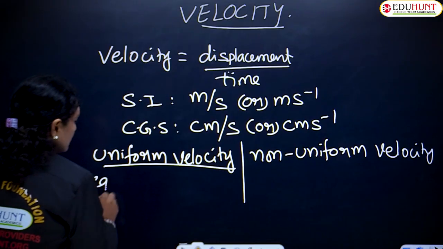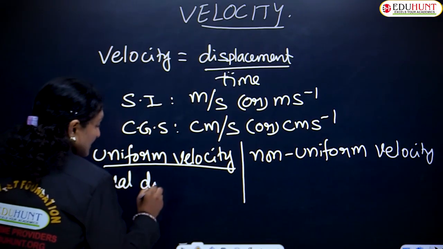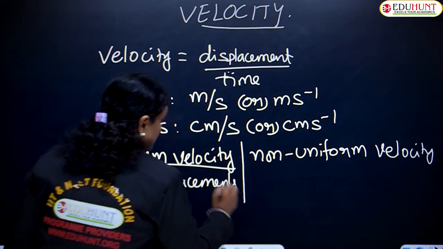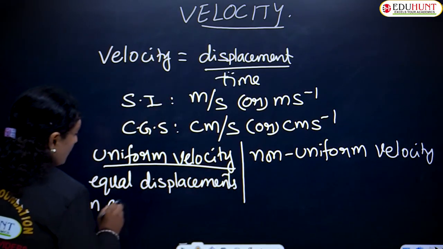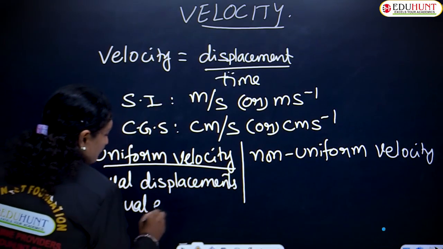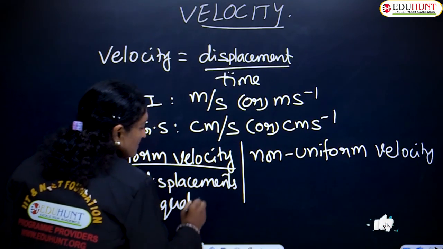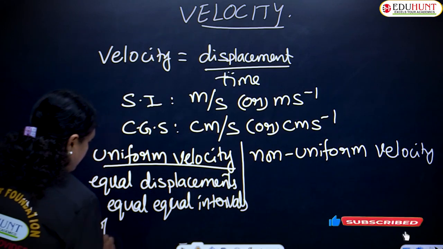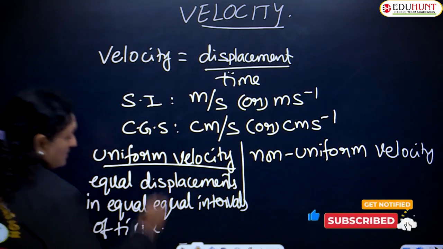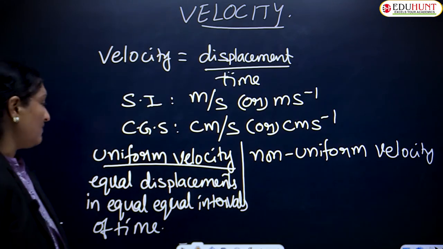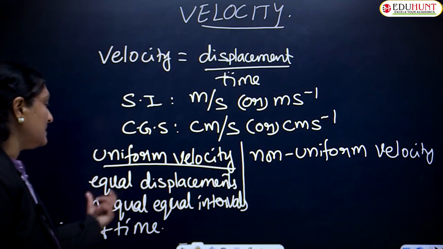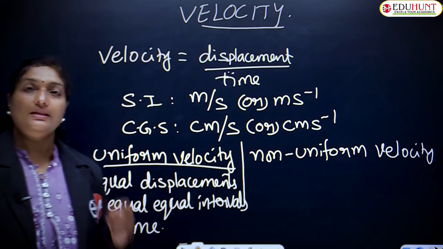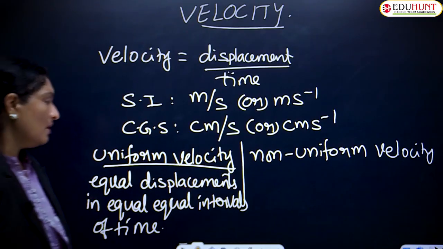If a body covers equal displacements in equal intervals of time, however small the intervals may be, then we say that the body is moving with uniform velocity.